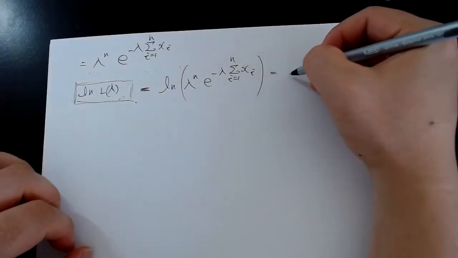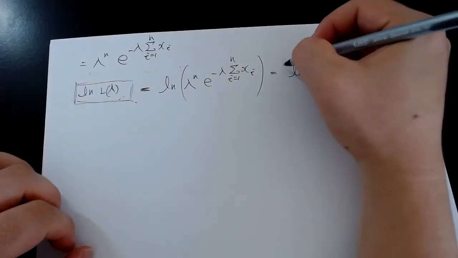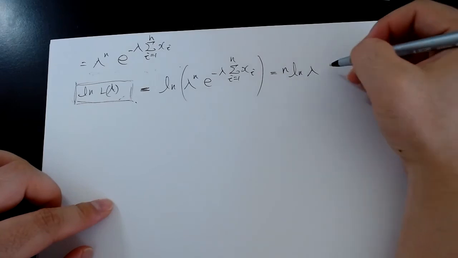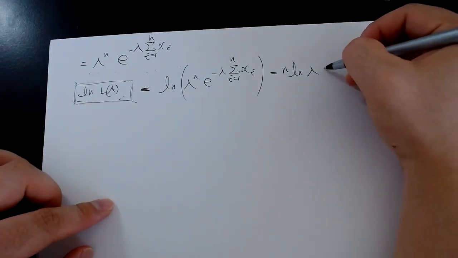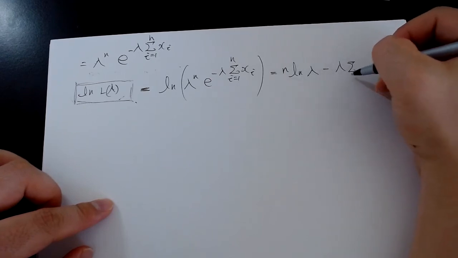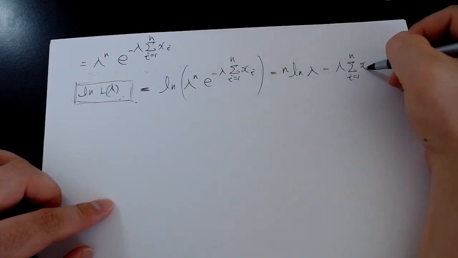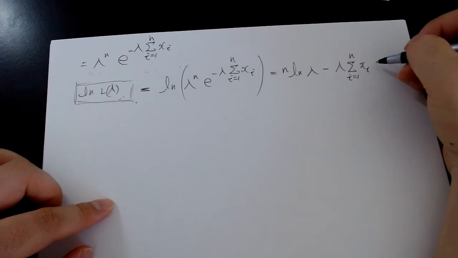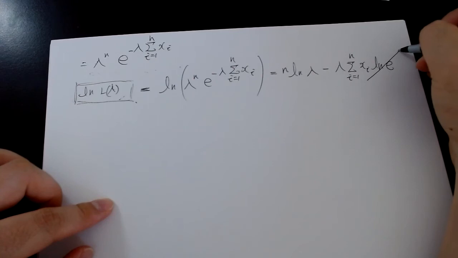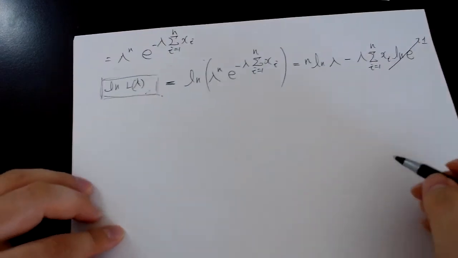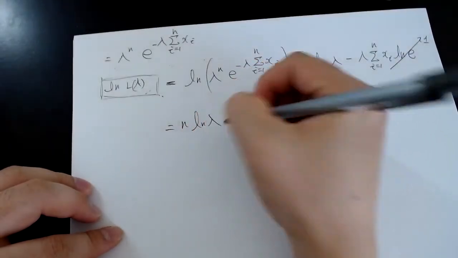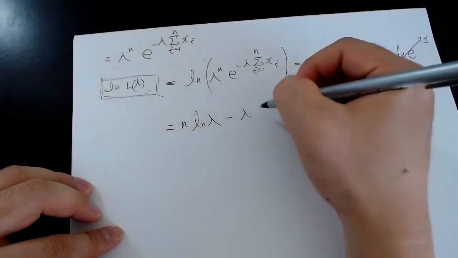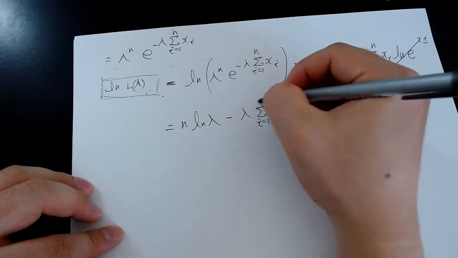This is equal to n times natural log of lambda, minus lambda sigma i equals 1 to n of xi times natural log of e, but natural log e is 1. So it is n times natural log of lambda minus lambda sigma i equals 1 to n of xi.